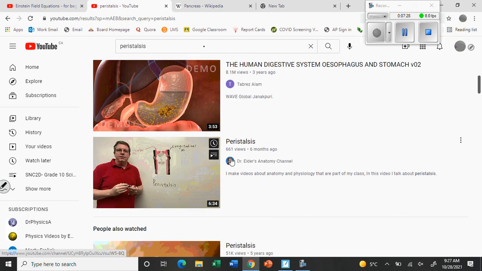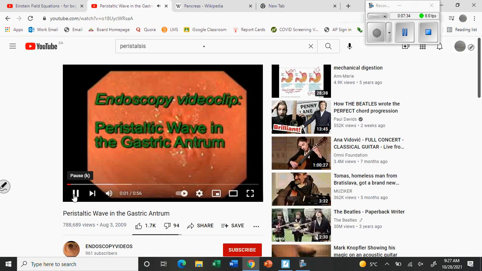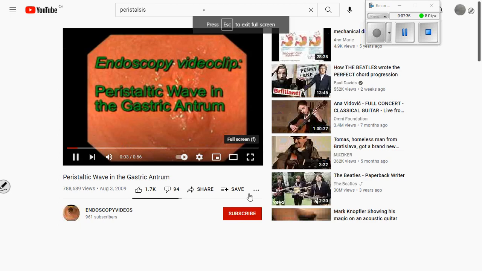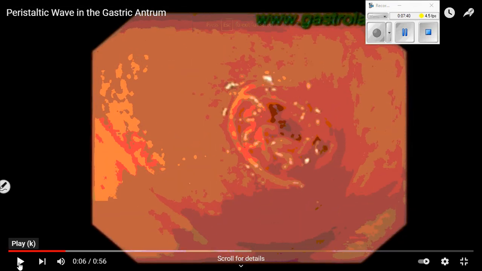There was one here I saw where they swallowed a pill camera, this one. So we'll just watch a little bit of it. We don't need sound. But you can see here, this is looking straight down the esophagus. Somebody's swallowed a little artificial pill that has a camera built into it, and it goes down and films it.